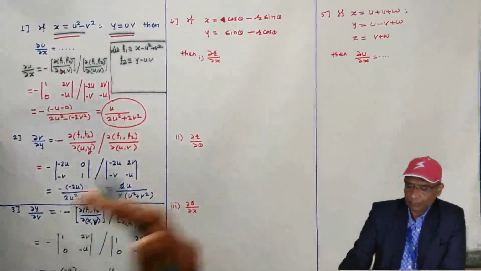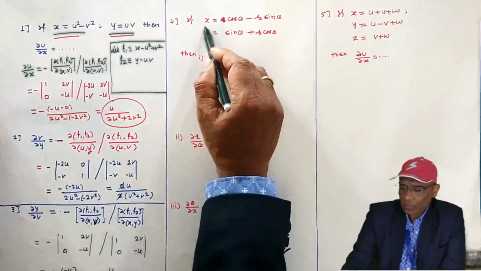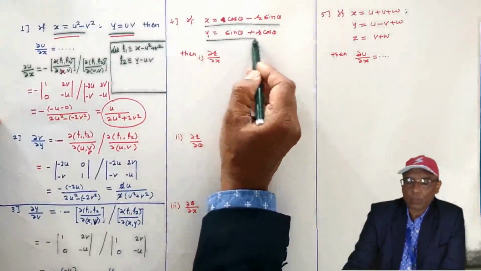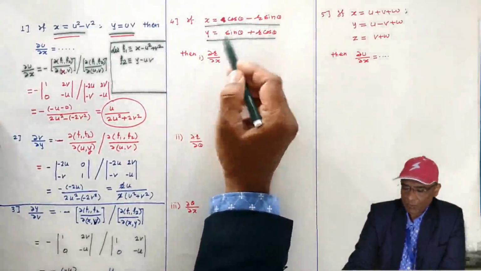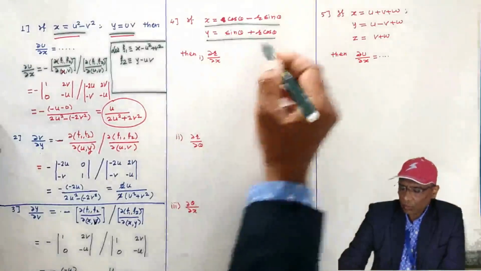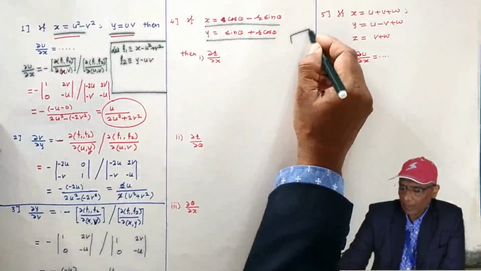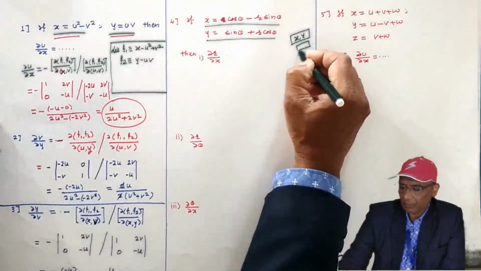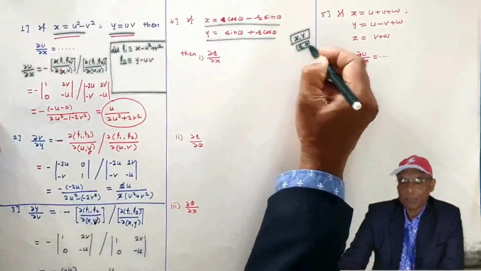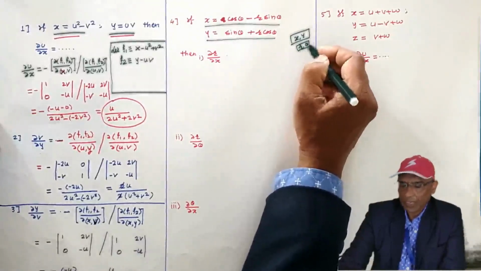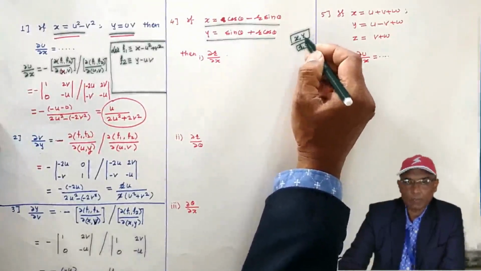Now the same problem. x equals r cos theta minus r sin theta, y equals r sin theta plus r cos theta. This function may be an implicit function also. So here we have the groups of variables, xy and r theta. r comes under the group of r theta, theta comes under the group of r theta, x comes under the group of xy, and y comes under the group of xy.